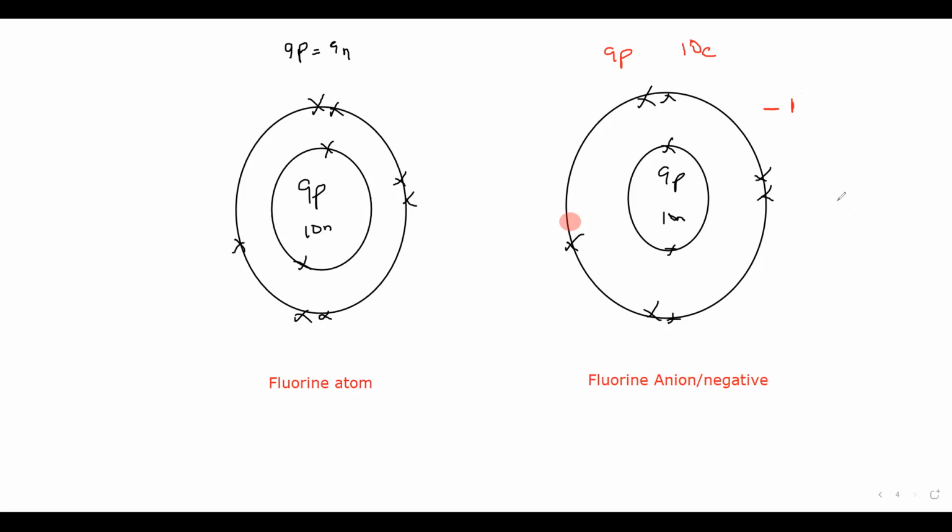So what is the difference between the anion and the electron? An anion will have protons, neutrons and electrons, but the majority of them will be electrons, while an electron itself is a single particle.